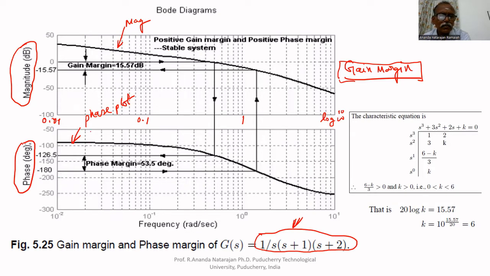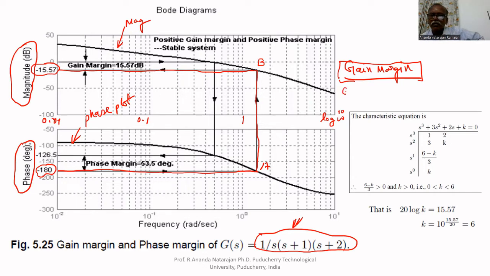Here, the first step to find the gain margin is to look at the phase plot at 180 degrees. Draw a horizontal line at 180 degrees that cuts the phase plot at A. Draw a vertical line at A that will meet the magnitude plot at B. At B, draw another horizontal line to find the magnitude at B. The magnitude at B is minus 15.57.